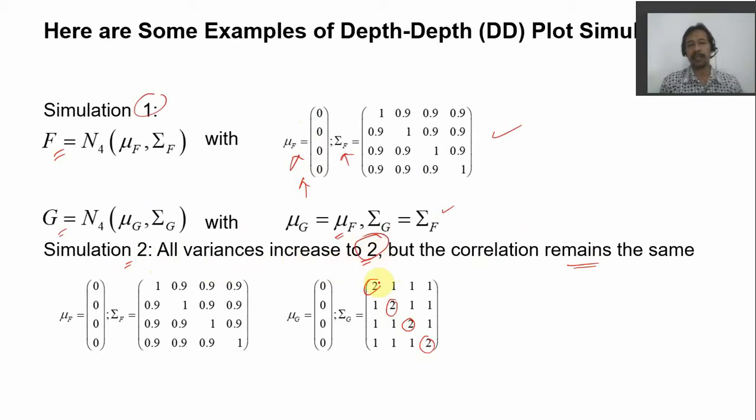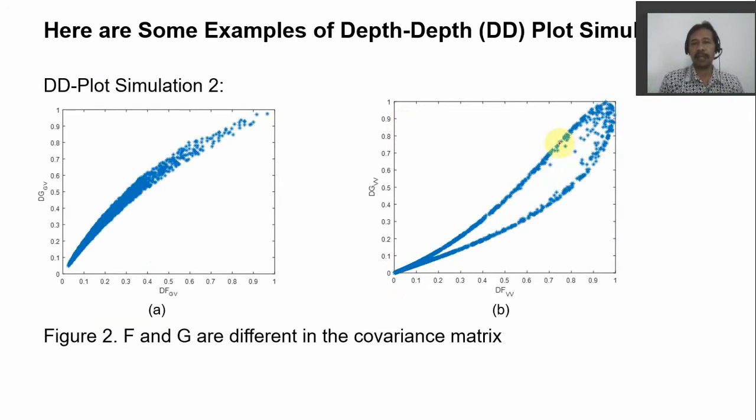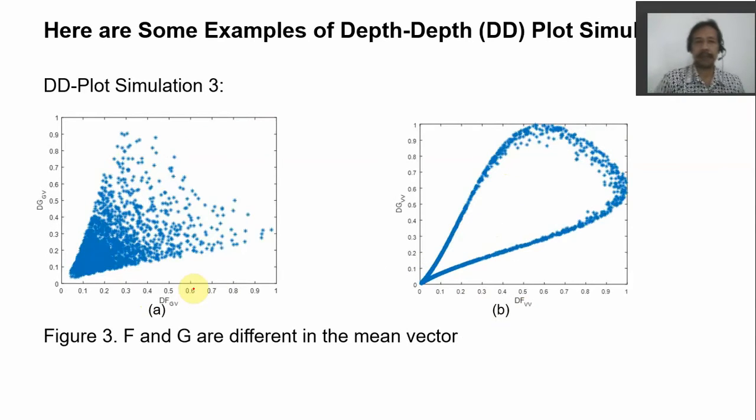So the G distribution has more variance, and we can see that it is shown by the picture on the right side, from the vector variance depth. So this is better than the Mahalanobis depth.